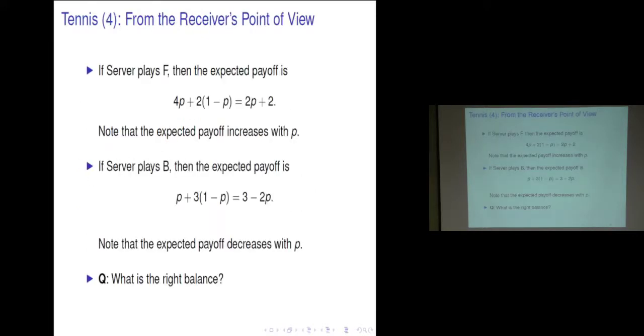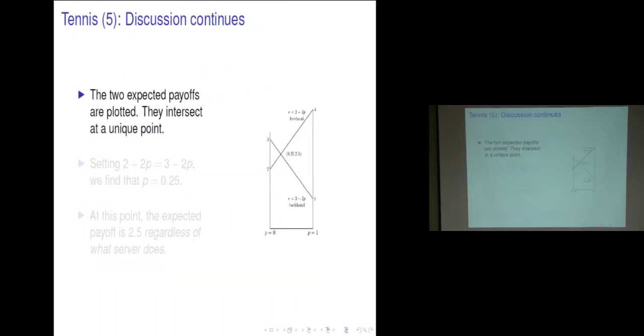If the server plays backhand, then the expected payoff is 3 minus 2P. If I plot the picture, when P equals 0 it is 3, when P equals 1 it is 1, so it goes down. The picture shows that these two lines intersect at some point.